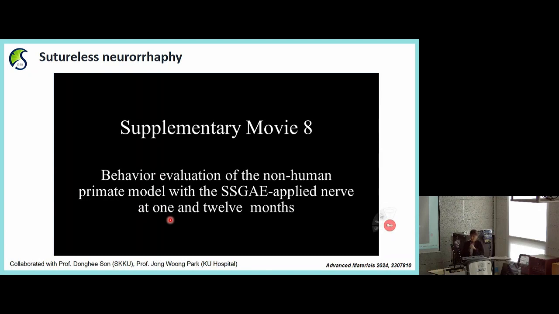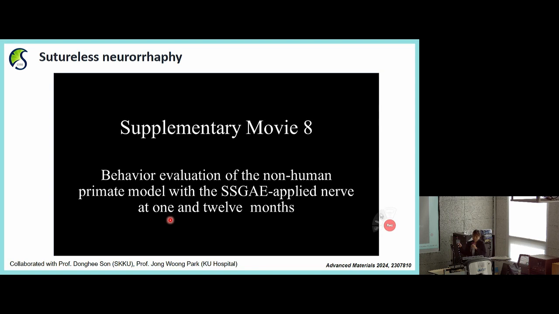So in this case, the nerve is the median nerve, and when that type of nerve is damaged, we cannot use some muscles. So after the recovery, we check some motion, the muscle movement of this animal.